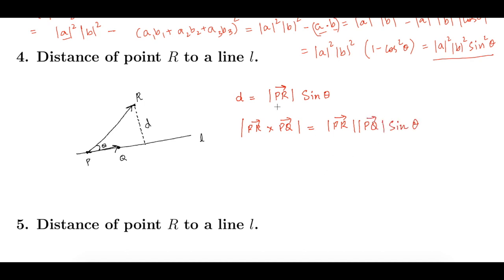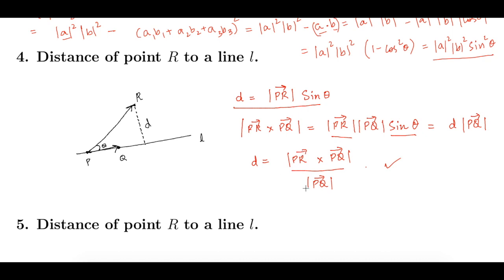But this part and this part combined is equal to D, correct? Because we have just seen it here. So this is equal to D times PQ. So D is equal to the magnitude of PR cross PQ divided by the magnitude of PQ.